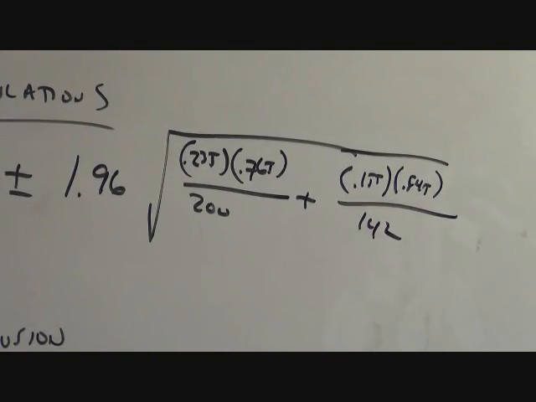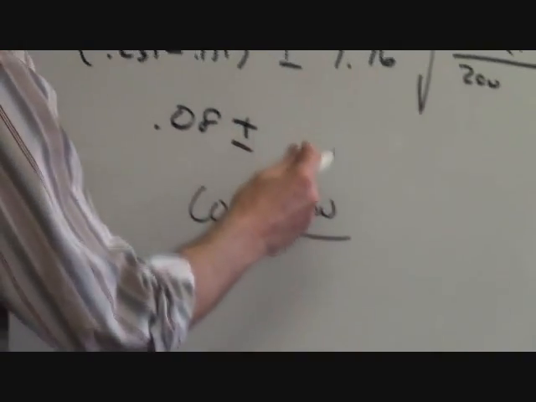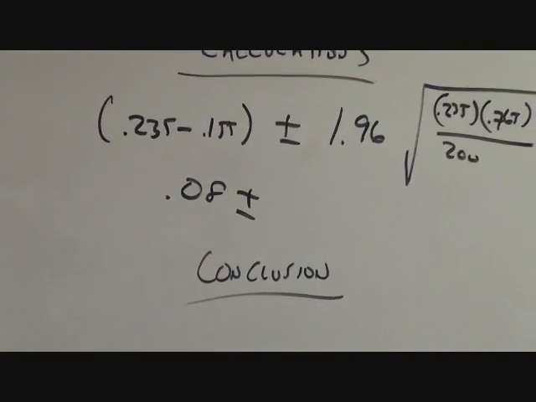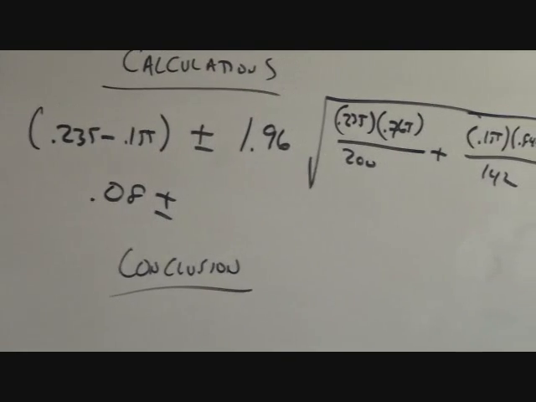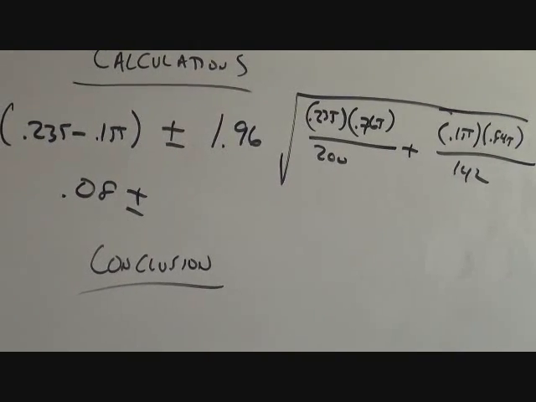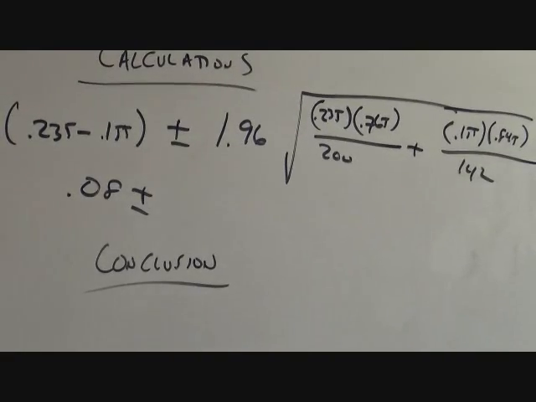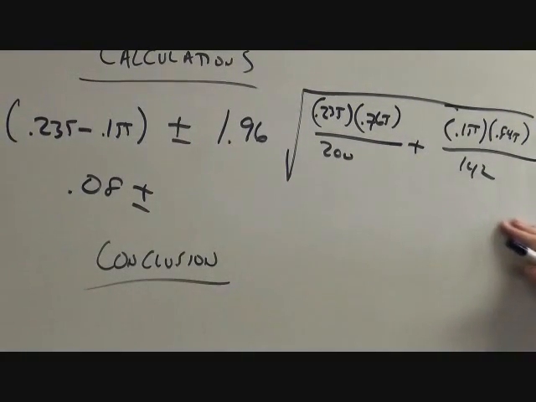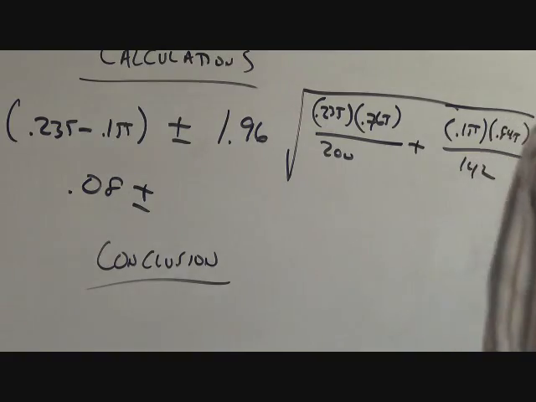We know that's 8%; we've done that before. Now there's our challenge: get that to work in your calculator. Give it a go, and use all the parentheses in the right place. We're just trying to find our margin of error here.